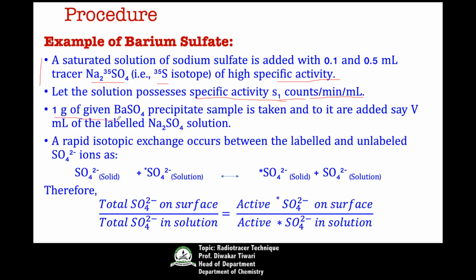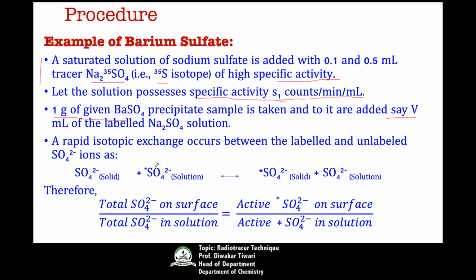add a known amount of barium sulfate, say 1 gram of barium sulfate precipitate, into this solution. Say the total volume of the solution was V. Rapid exchange of the sulfate ion takes place on the surface of the solid, that is the precipitate.